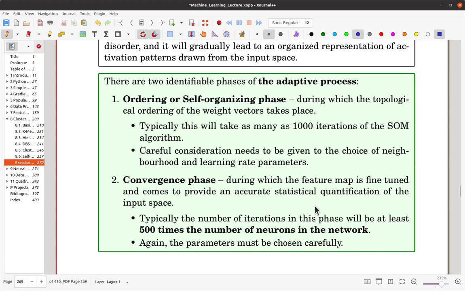The convergence phase is even slower. Typically, the number of iterations in this phase will be at least 500 times the number of neurons in the network. If we choose about 20 neurons, then at least 10,000 iterations are required.